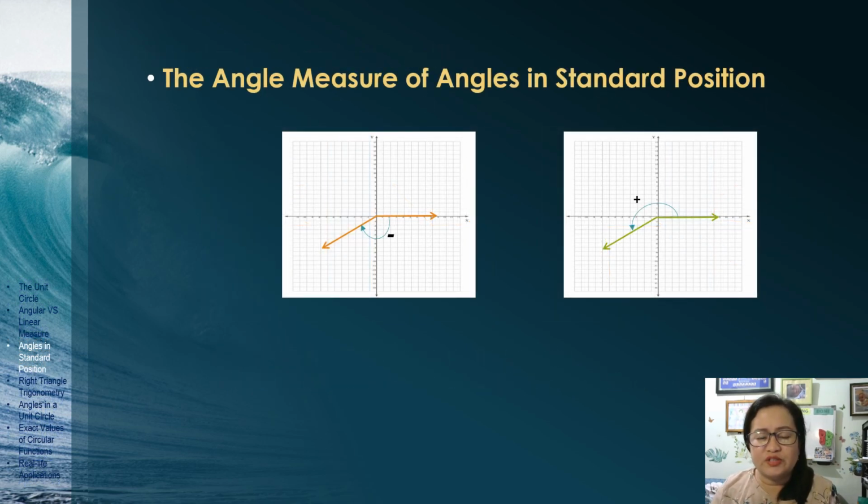The measure of an angle in standard position can be positive or negative. If the measure of an angle is positive, it means that the angle is rotating in a counterclockwise direction, whereas if we have a negative measure, it means that the angle is rotating in a clockwise direction.